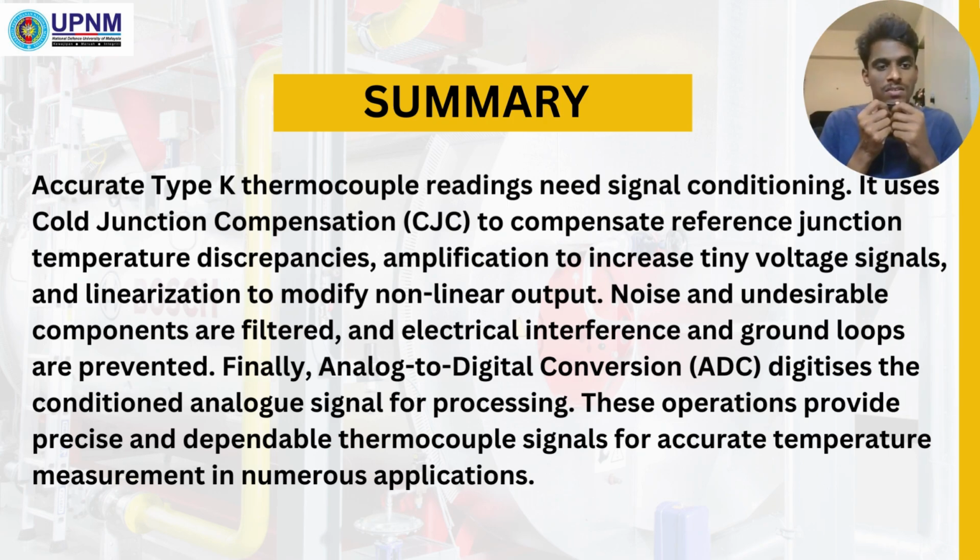Lastly, analog to digital conversion, also known as ADC, turns the conditioned analog signal into a digital signal that can be processed. These steps create accurate and reliable thermocouple readings that can be used in many situations to measure temperatures correctly.